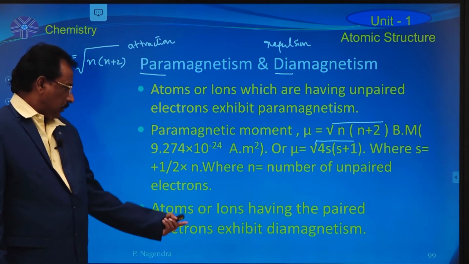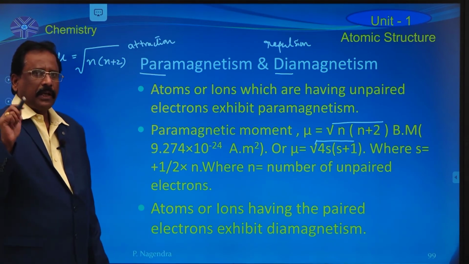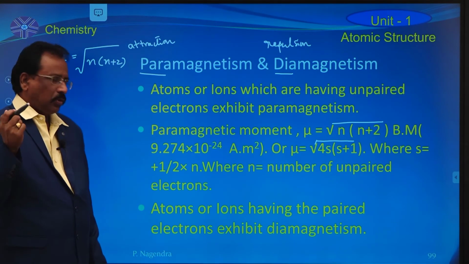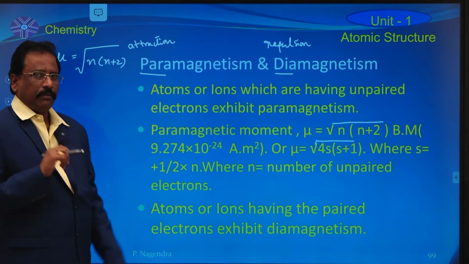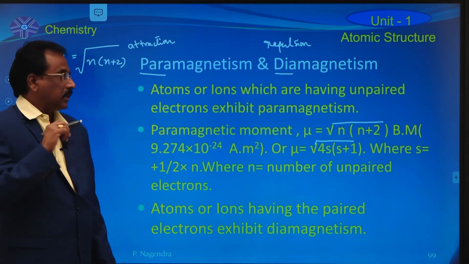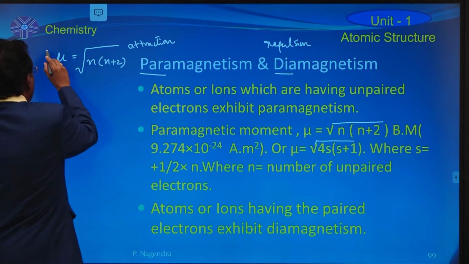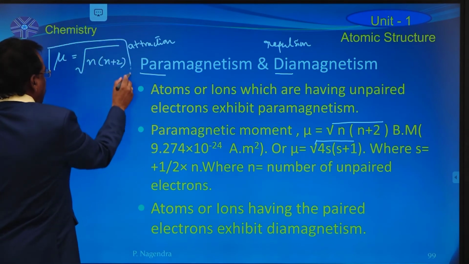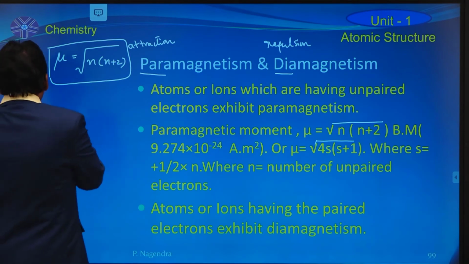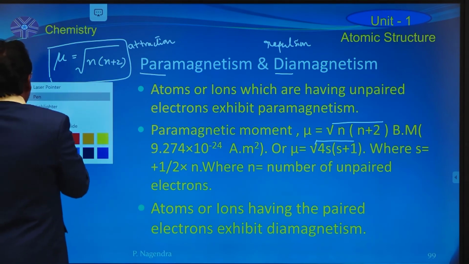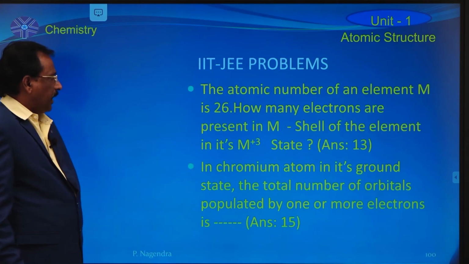So those atoms or ions do not exhibit paramagnetism. That means they show diamagnetic property. A very important point in this topic is this formula used to calculate the paramagnetic moment of an atom or ion. So this is about paramagnetic and diamagnetic.